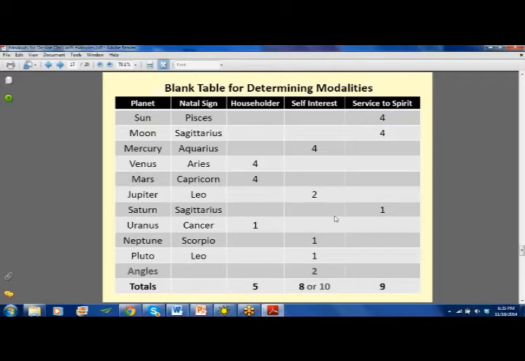All right, so when you figure out what the strength is, so for me, I have a lot of self-interest. I really came from a service to spirit, knowing what your moon sign is in. So say if you had the moon in Capricorn or Cancer, that would have been a householder lineage.